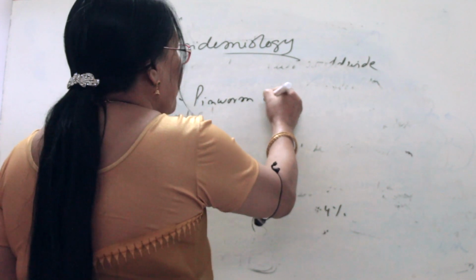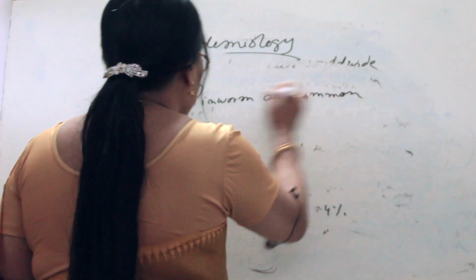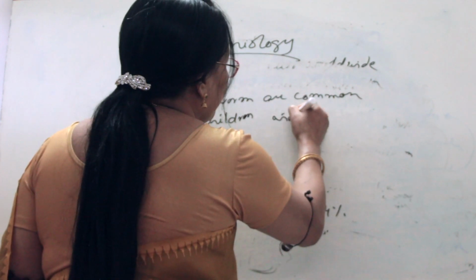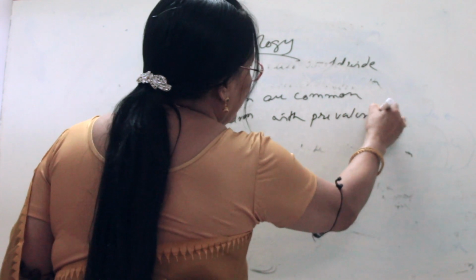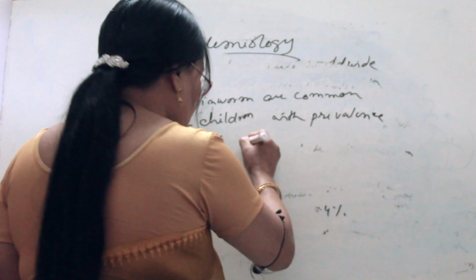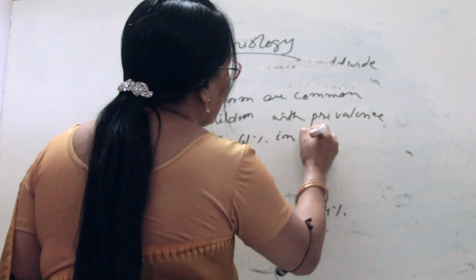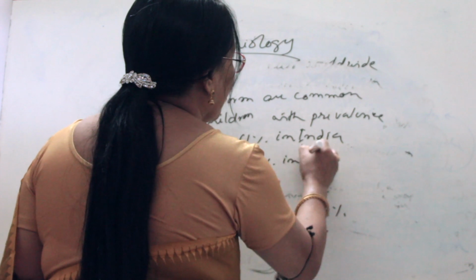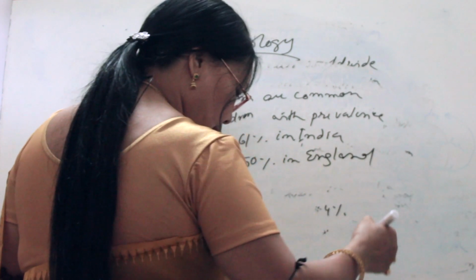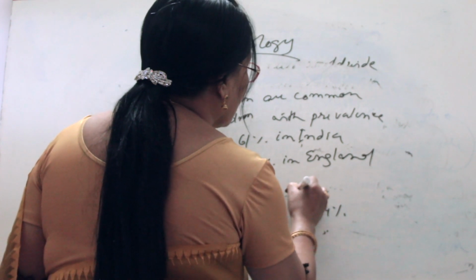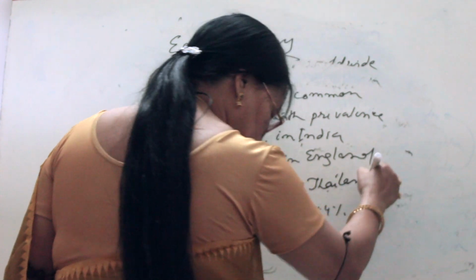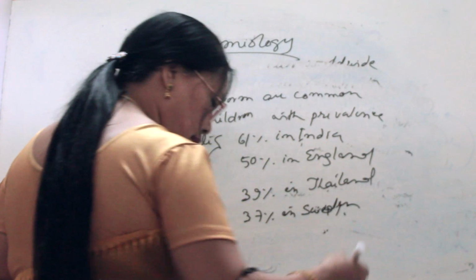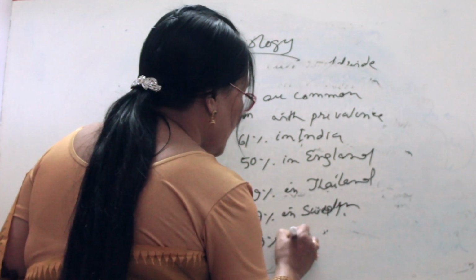Pinworm are common in children with prevalence rate of 61% in India, 50% in England, 39% in Thailand, 37% in Sweden, and 29% in Denmark.